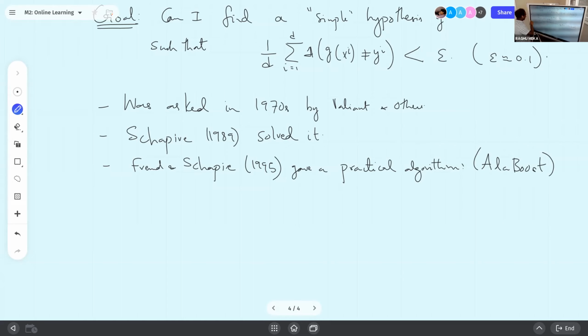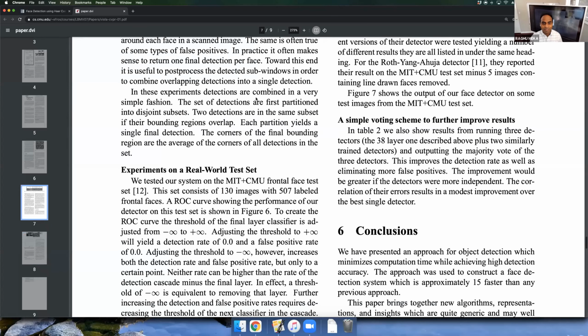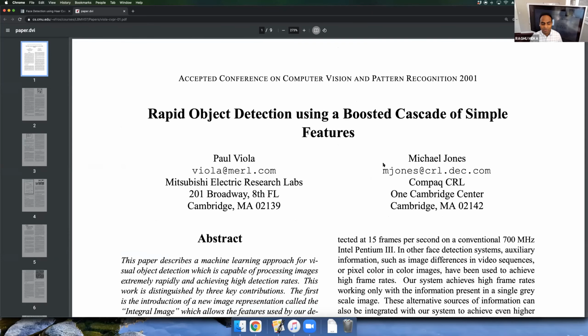And so just to give you an example of this in practice, in 2005, two computational vision researchers, Paul Viola and Michael Jones, designed what is called the Viola-Jones face detector.